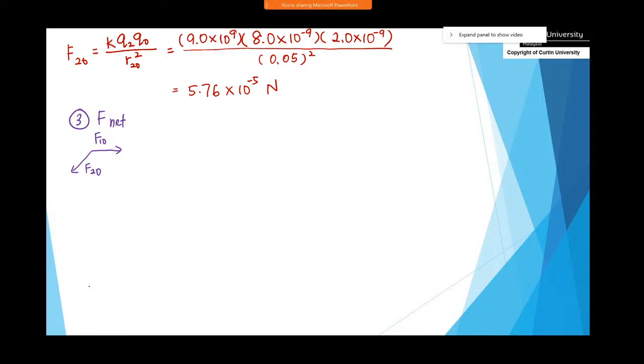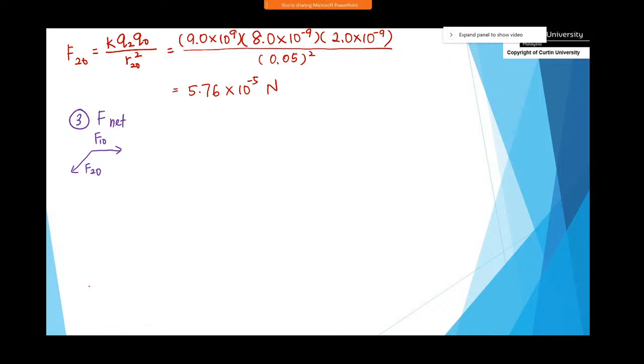So these two do not fall on the same axis. If they are not on the same axis, we have to do some resolving, right? To map them onto the x-axis and y-axis.